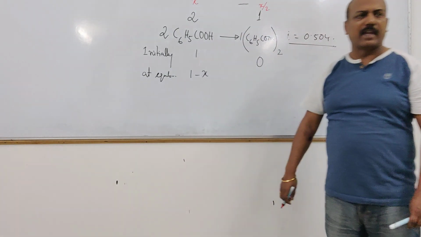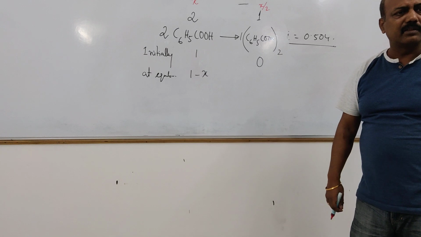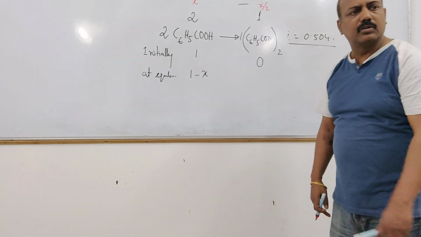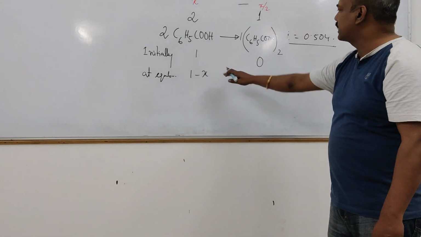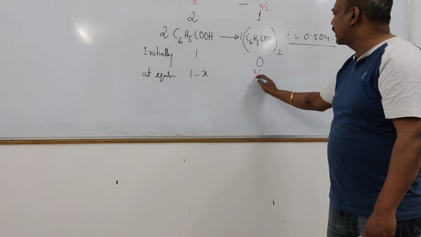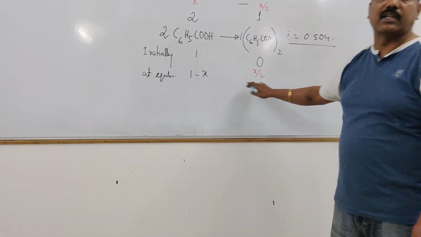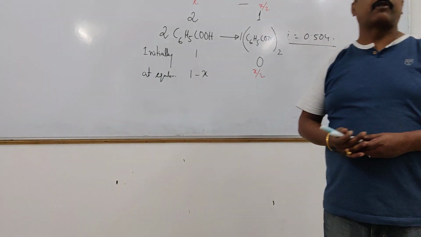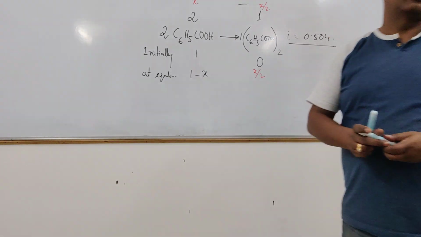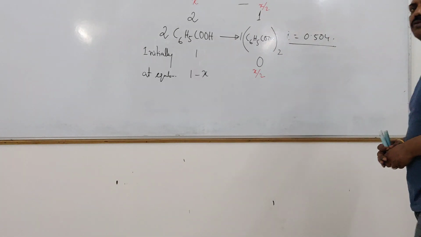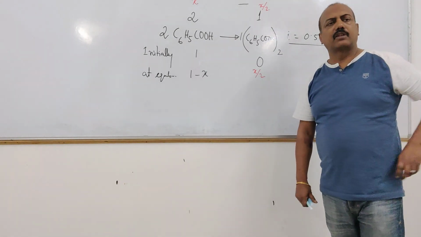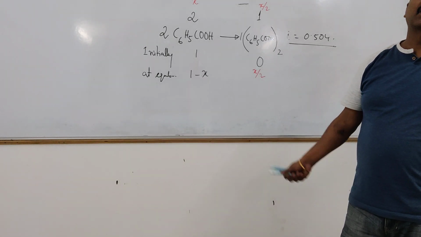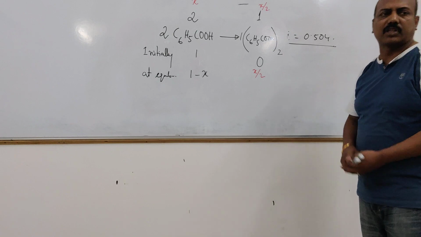X mole will convert into X by 2 mole. So the number of moles of this at equilibrium will be X by 2. You understood this second line or not, you tell me. Only these 2 lines, if you understand, there is nothing in the question. These are the 2 lines I taught you in class 11, and I told you that time also that this is very important. In case of dissociation or association, we have to proceed like this.